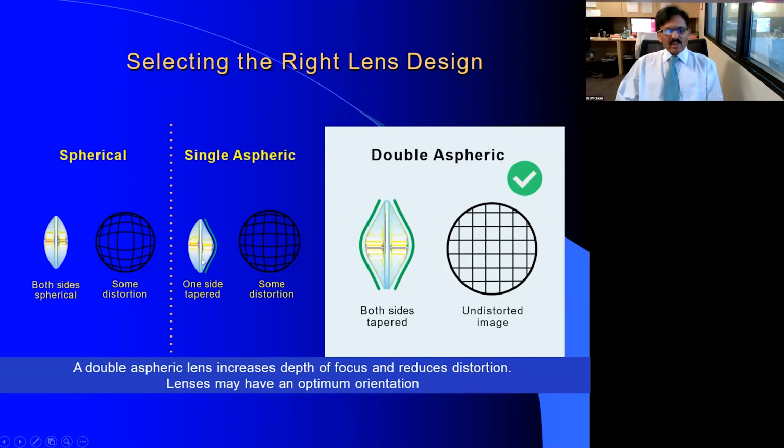If you make it aspheric, what we mean is you're continuously changing the radius of curvature of the front of the lens from the center to the periphery. When you do it on both sides, the distorted image of the spherical nature becomes undistorted. That's what you really want as much as possible when you're both examining as well as treating the patient.